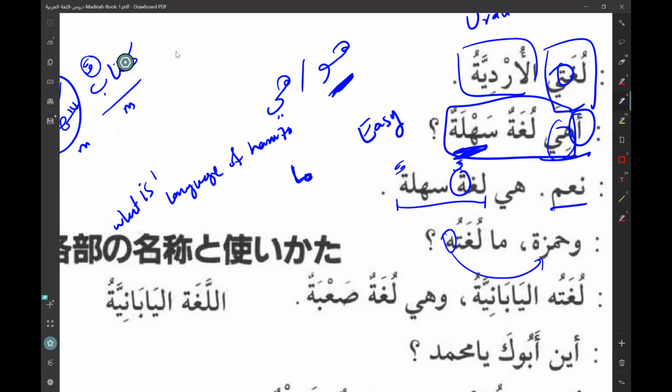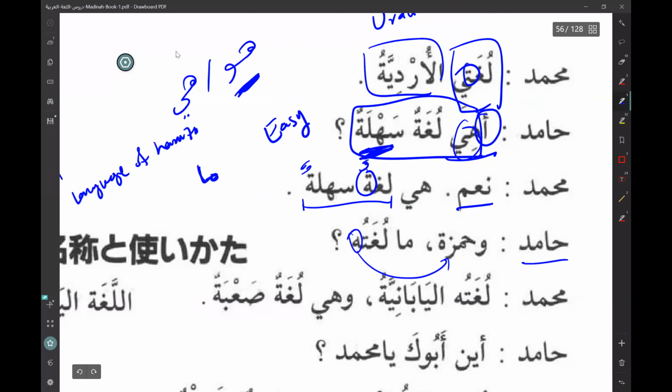Excellent. Very good. And it would mean exactly the same thing. It's just a different style. This style is also used. It's a very nice style. You refer to him, you get the attention of the person you want to talk about, and then you say, what is his language? But I will tell you one thing, one of the reasons why the book will never put this name in idafa is that, remember, Hamza is what?